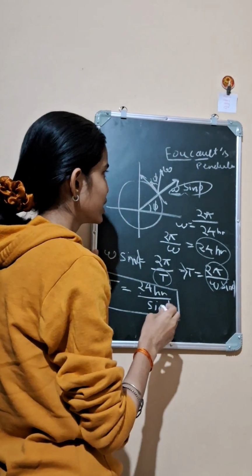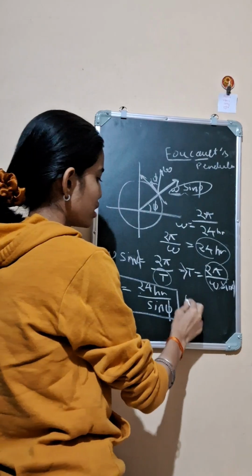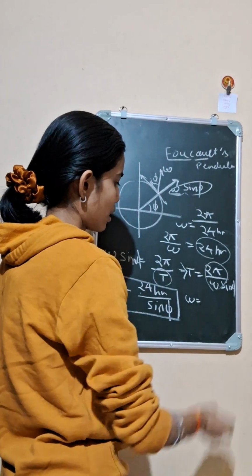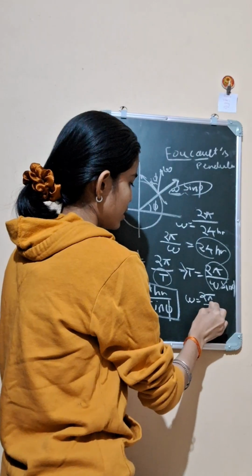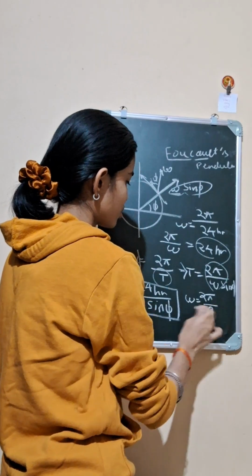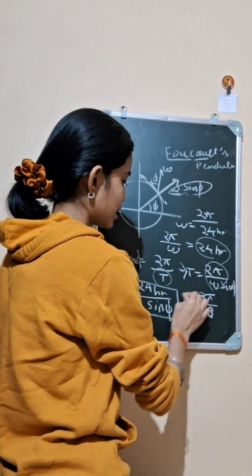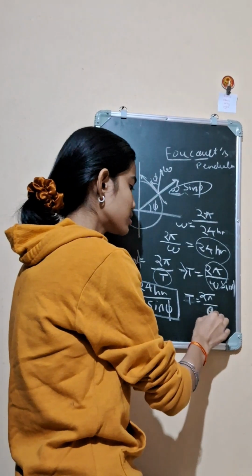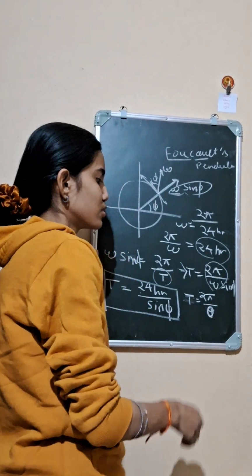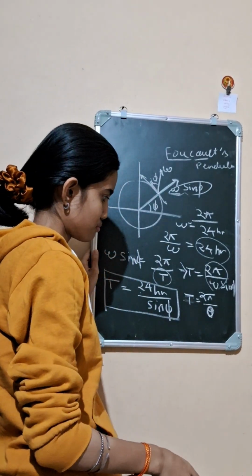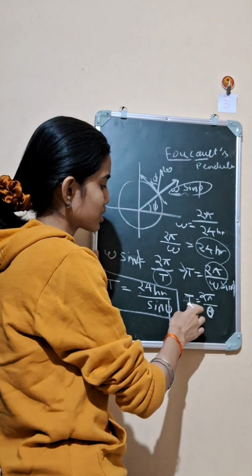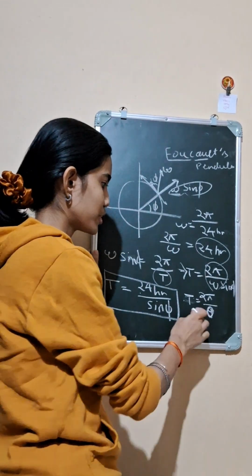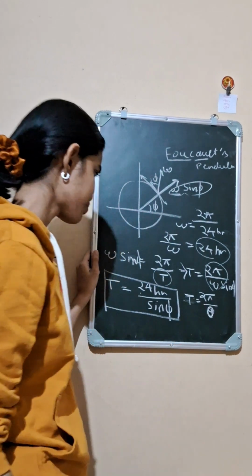So here we will need omega equals 2 pi by the time period. Let us suppose it covers an angle theta in 1 hour. So the time period will be 2 pi by theta.